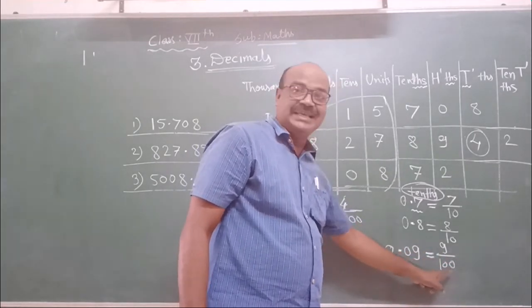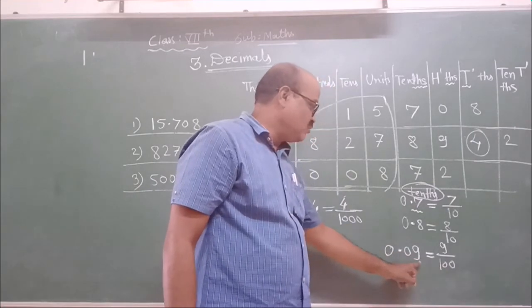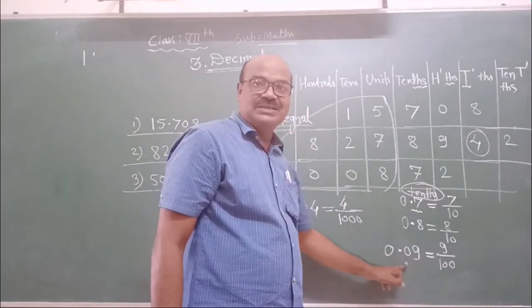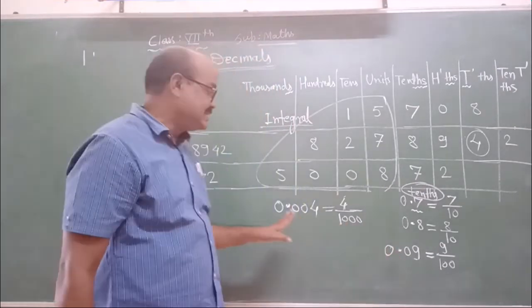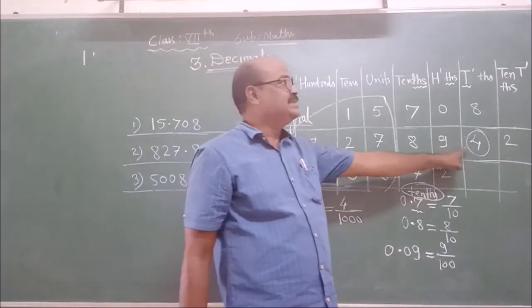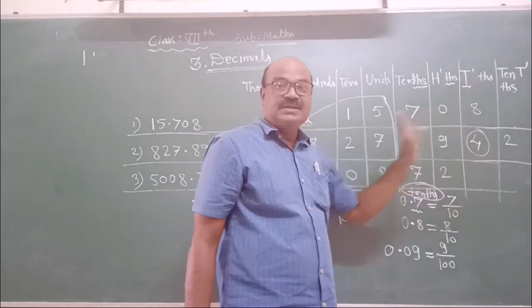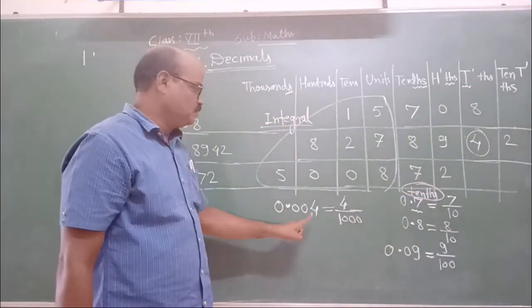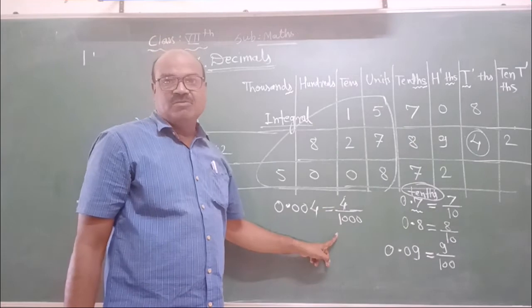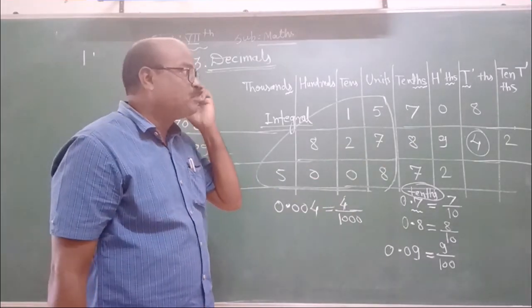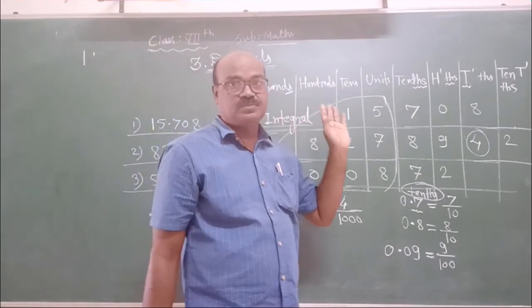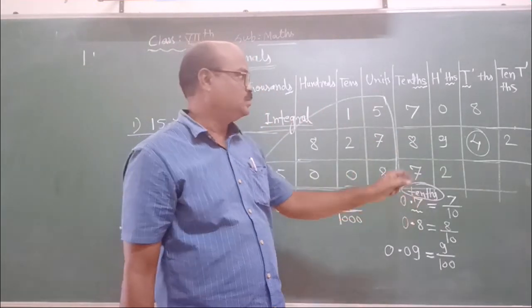2 zeros are here. So we know that after 2 digits, the decimal point will be there. In a similar way, if 4 is at thousandths place, then obviously 4 divided by 1000 will be there. Now one example I have taken regarding ten-thousandths place also.